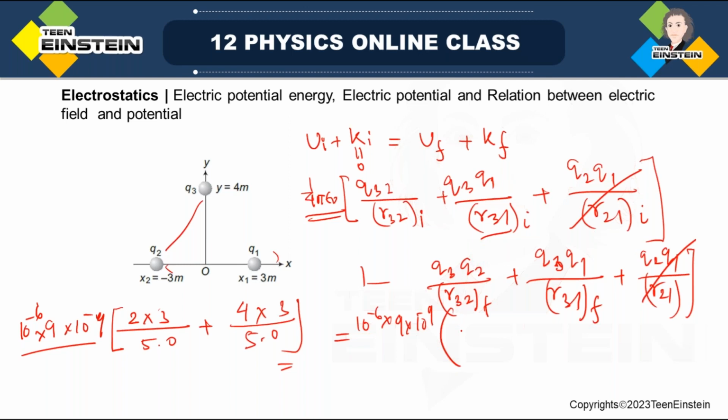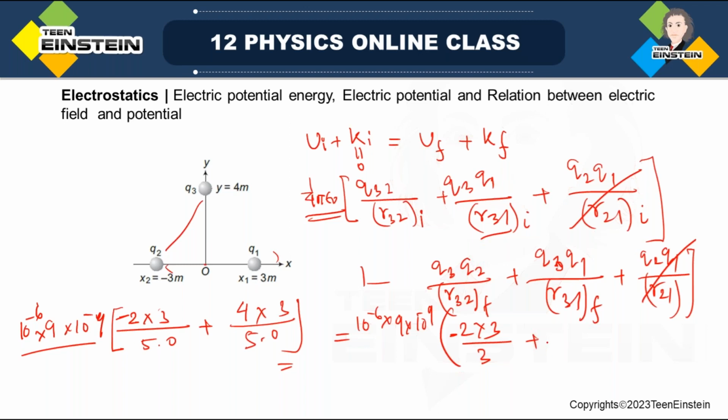So 2 3 is again 2 3, but the distance is now 3 because it has come here at the origin. We are just supposing.